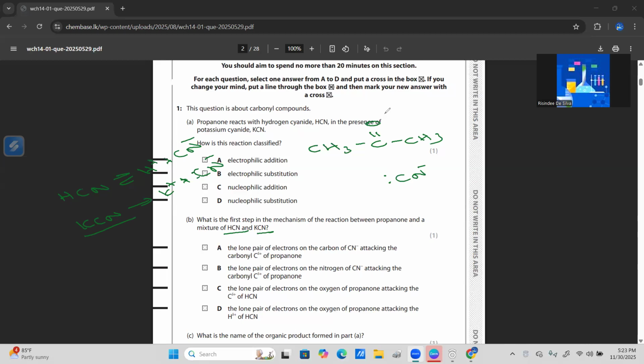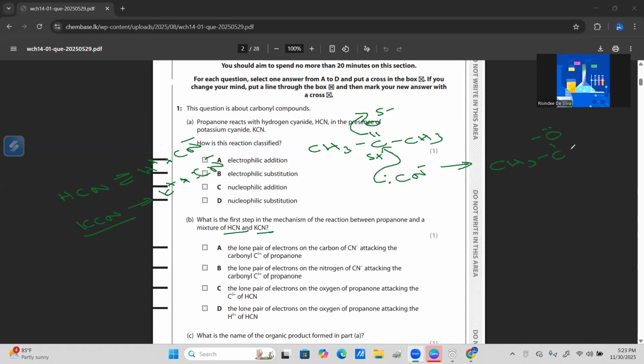Then we need to find the polar bond. We know this is the polar bond in carbonyl group compounds. Therefore, the more electronegative atom will attract the bond pair electrons. Therefore, the carbon becomes partially positive. So the lone pair will attract the partial positive carbon and it will form something like this.